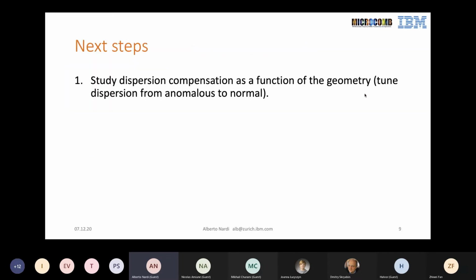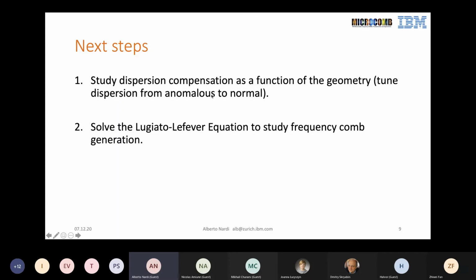Right now, we have to move on to study the dispersion compensation as a function of the geometry, so that we can tune the dispersion from anomalous to normal as we want. Then we would have to solve the Lugiato-Lefever equation to study the frequency comb generation. Then we fabricate devices and measure.